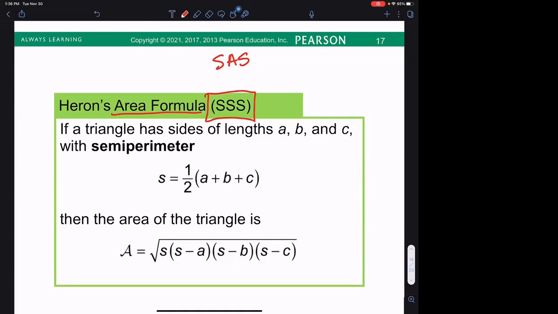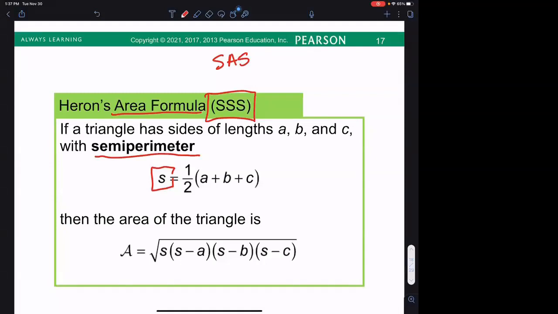So first they have you calculate this thing in the formula called S, which is the semi-perimeter, which just means half the perimeter. Like you've heard maybe of semicircle, it's half a circle. So semi-perimeter is half the perimeter. The perimeter is where you add up all the sides.